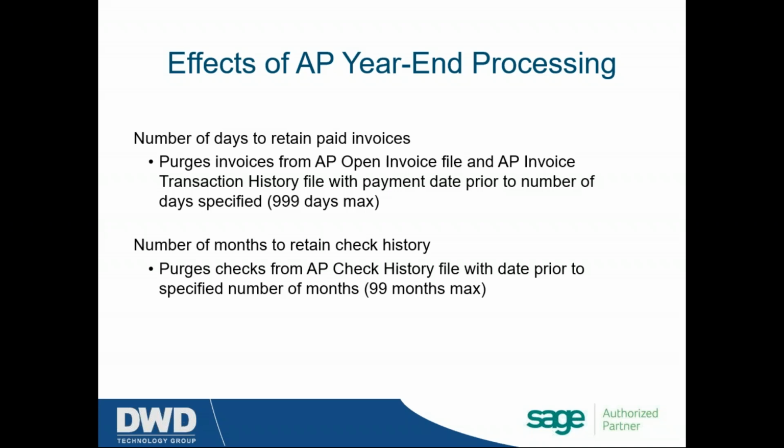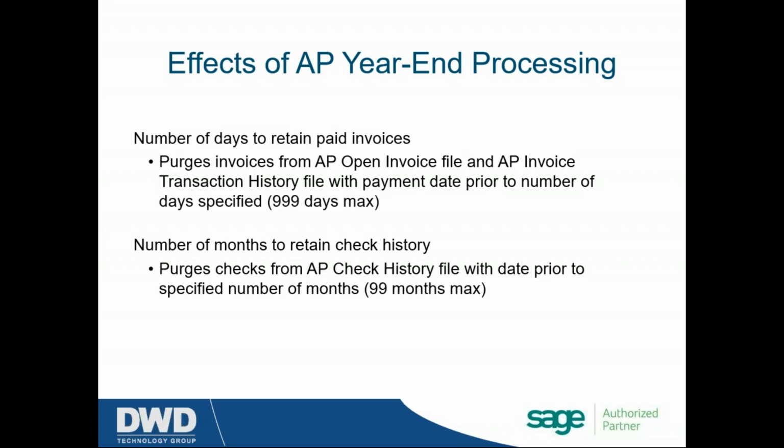We're also going to have invoices purged from the AP open invoice file and the AP invoice transaction history file, based on the number of days that you specify to keep those. Again, on your daily fields, the maximum is 999 days. And the check history, as we talked about, is a monthly field, so that's 99 months from the check history file.